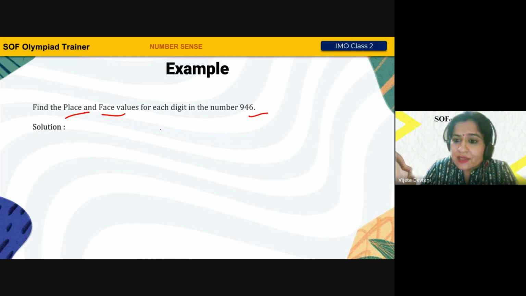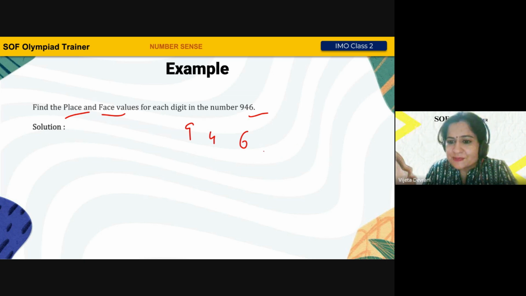Can you do it for me, everybody? You must be sitting with your notebooks and a pencil in your hand, right? So now note down this question, 946, and tell me the place value and face value of all the 3 digits here. Quickly. Come on, do it.